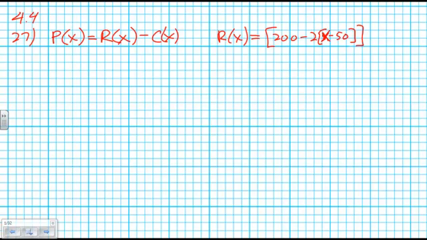The total revenue is going to be the per person cost multiplied by the number of people. So there's your revenue.